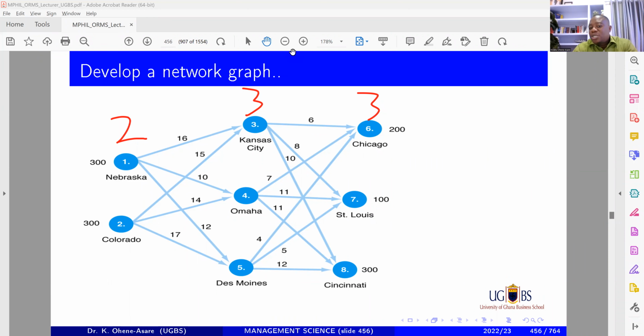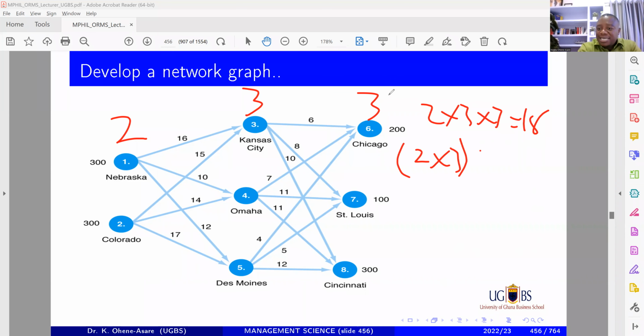The way it should have been is there must be a plus in between. So it shouldn't be 2 times 3 times 3, because this will give you 18. That is not correct. It should be 2 times 3, bracket, plus the other one, 3 times 3. Okay, then you get the answer.